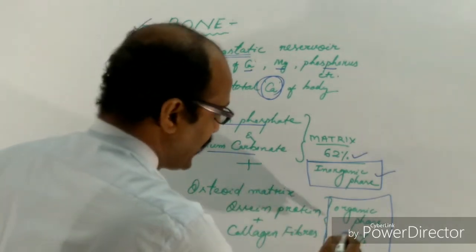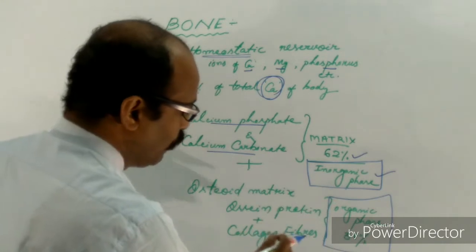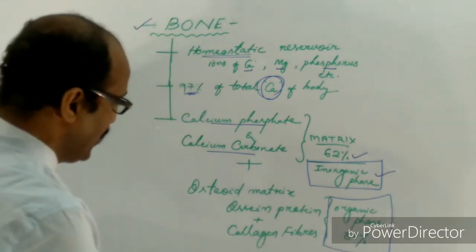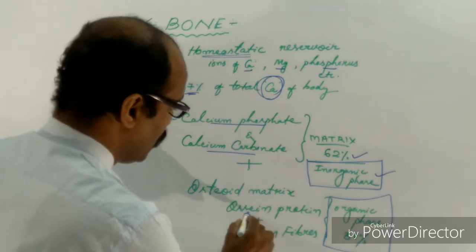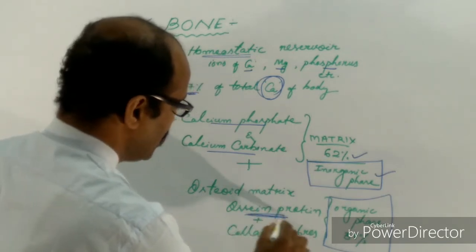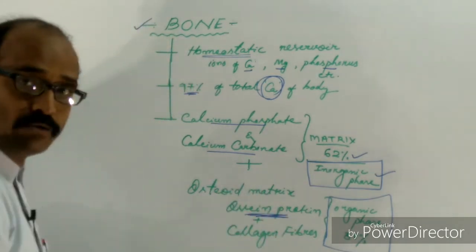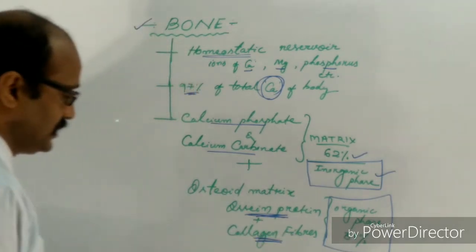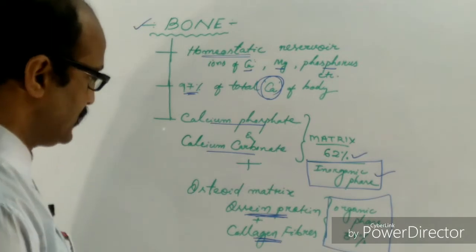The organic phase of the matrix of bone constitutes 38%, and mainly contains osseous protein and some amount of collagen fiber, and as you know, these are white fibers.